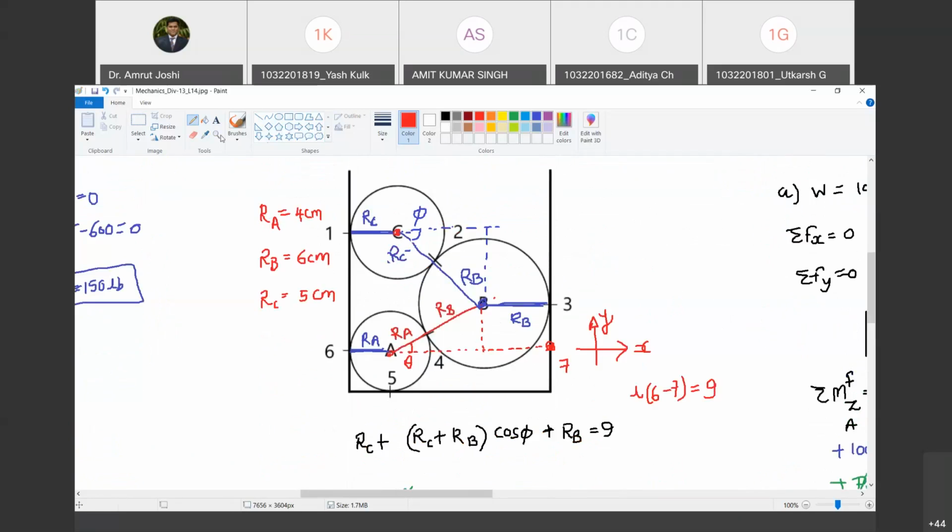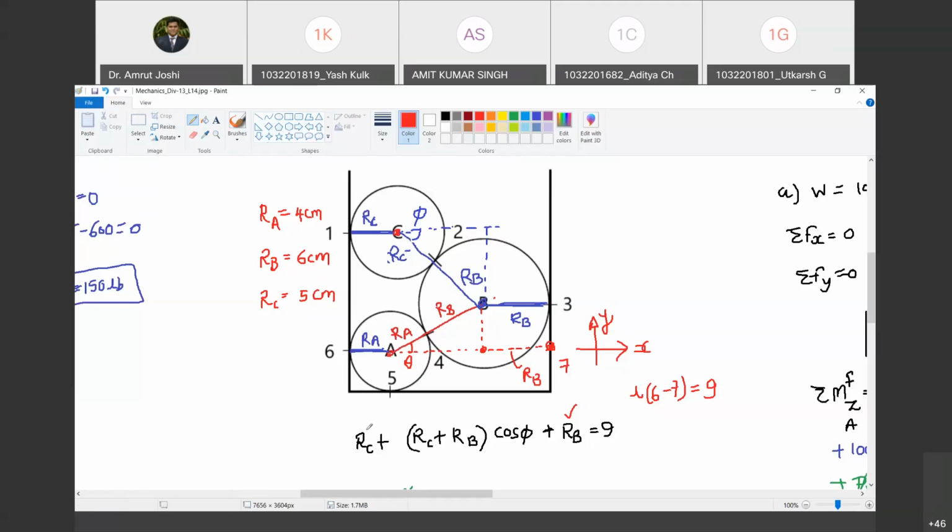How do I write this length? If you look at the diagram, this distance is going to be equal to RB. So I have written RB here. This distance is RA.